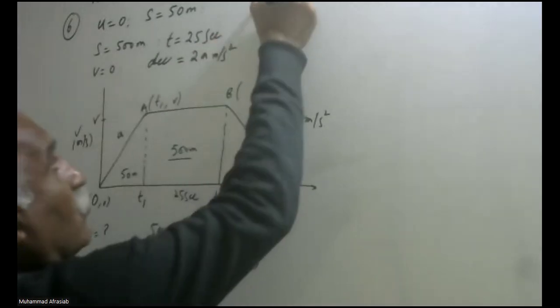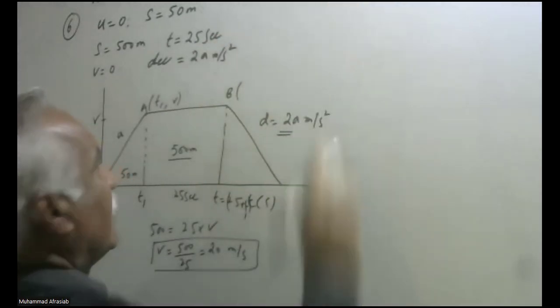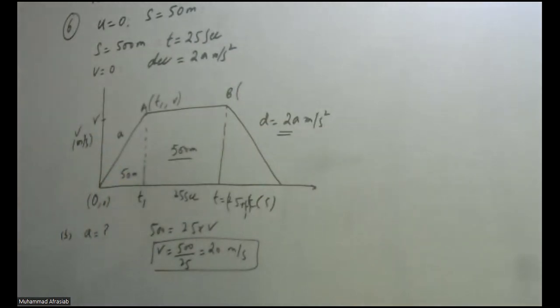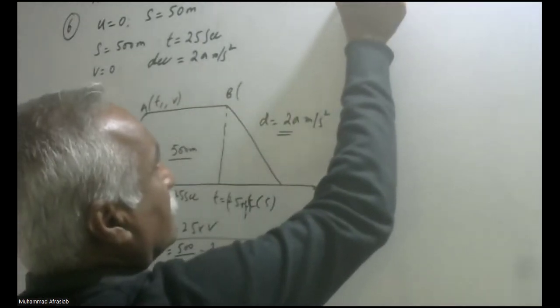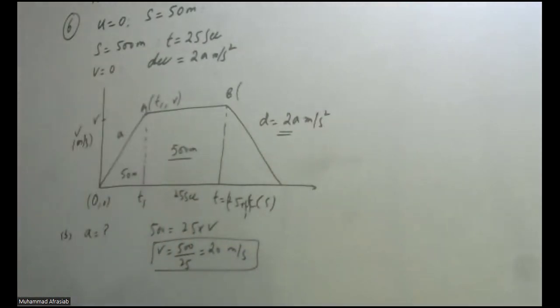So O has the coordinates 0, 0, and A has the coordinates T1 and V. Now, we know one thing.